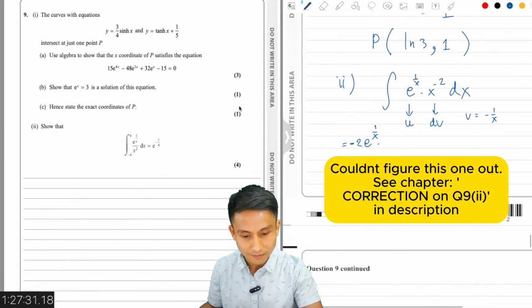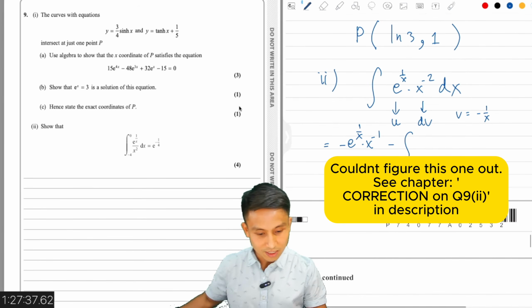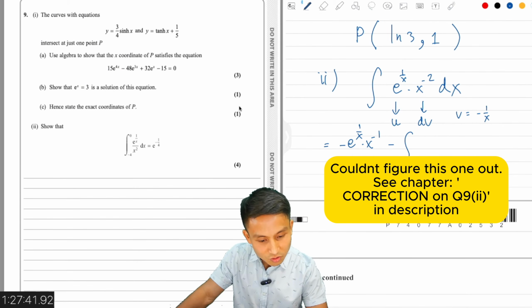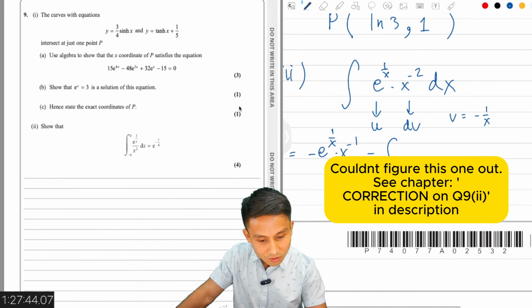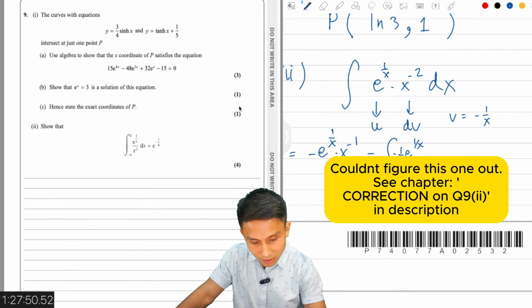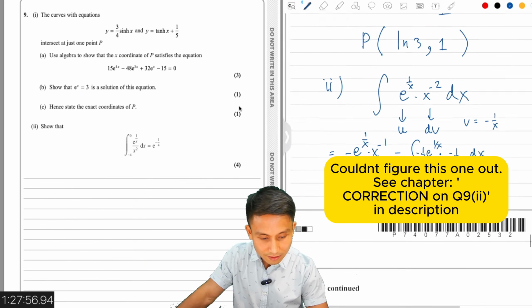So we have a minus here, and then x to the minus 1. Minus the integral of v du, so e to the 1 over x. Differentiating 1 over x, you would get minus 1 over x squared, multiplied by minus 1 over x, dx.